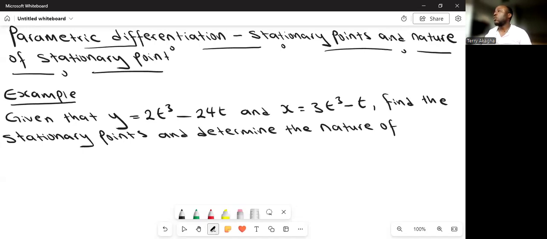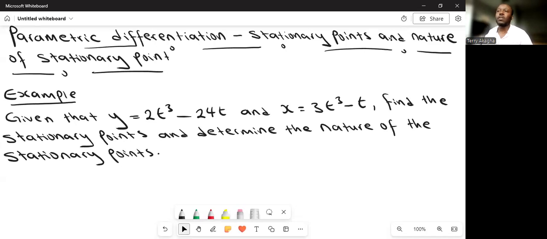Okay. Determine the nature of the stationary point. Okay, so find the stationary point and determine the nature of the stationary point.